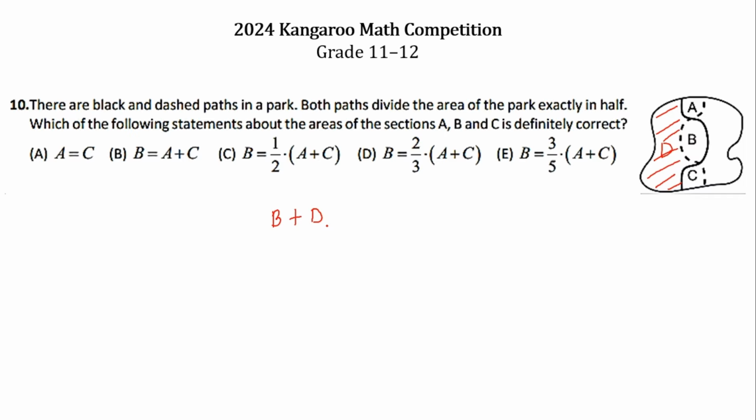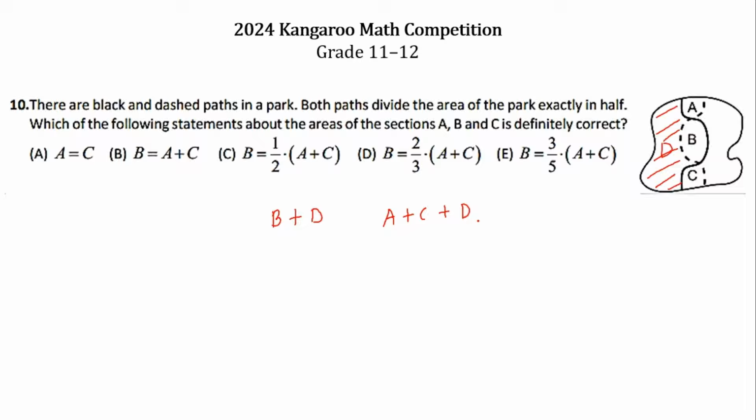Now, focus on the dashed path or curve. The area to the left of that dashed path is the sum A plus C plus D, right? So A plus C plus D.